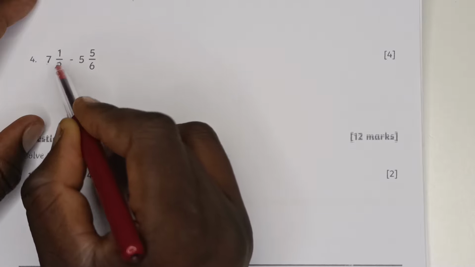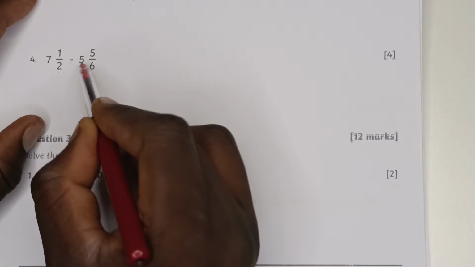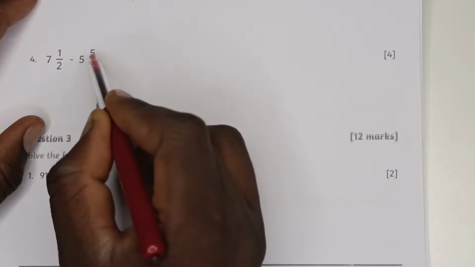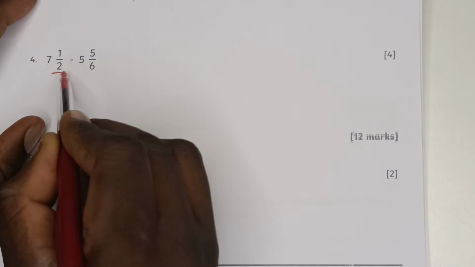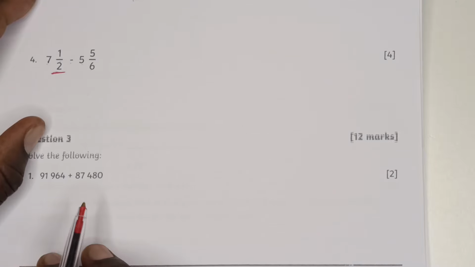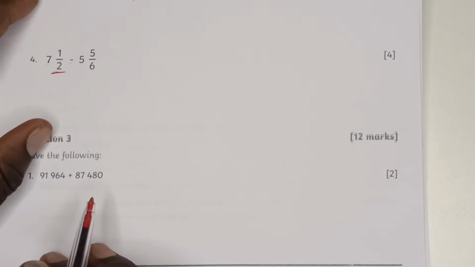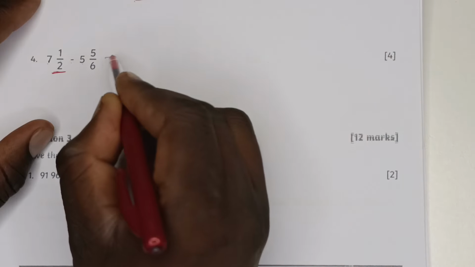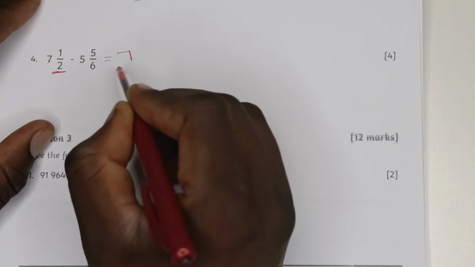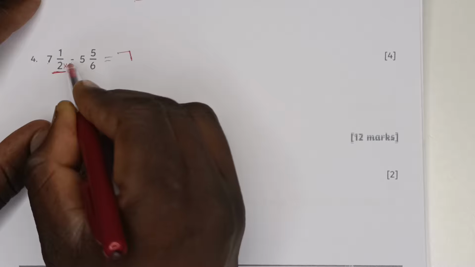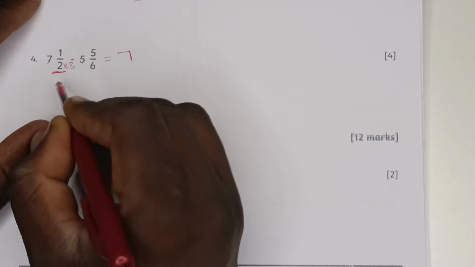This is 7 whole number 1 over 2 minus 5 whole number 5 over 6. So we want to have 6 as a denominator here, so that we will have a common denominator. Then this is the same as 7. Then we multiply this by 3 so that we will get 6.